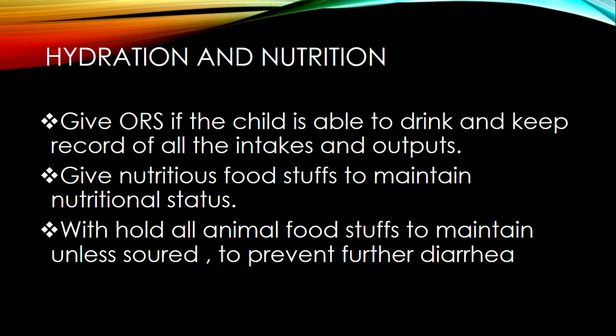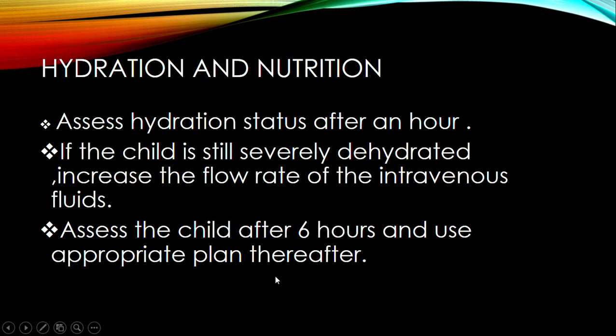So we also give nutritious foodstuffs to maintain the nutritional status. We don't want the child to become malnourished on top of having diarrhea and dehydration. So we are going to be giving nutritious foods to this child. Then with all animal foodstuffs, unless sour milk. So sour milk can be given to this child to prevent further diarrhea.